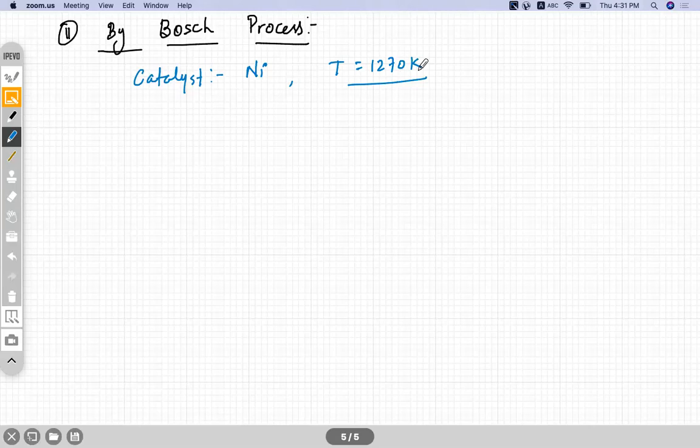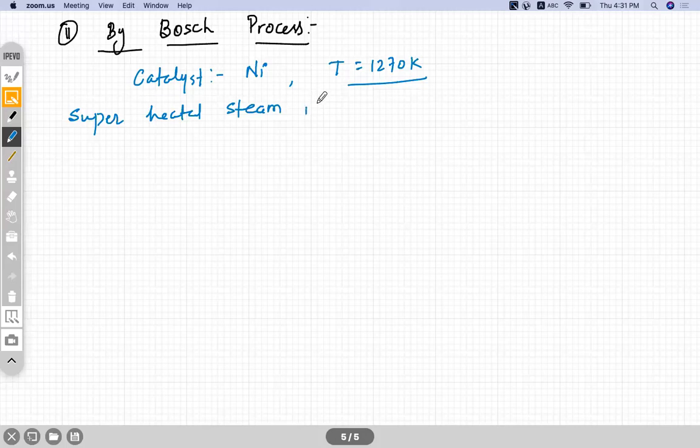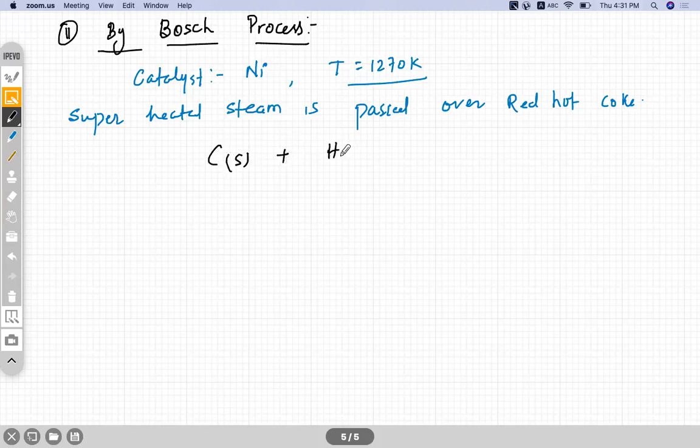Okay, and in this process, superheated steam is passed over red hot coke. So we have the reaction here: carbon solid, red hot coke, with water in the form of steam converts into CO plus H2.